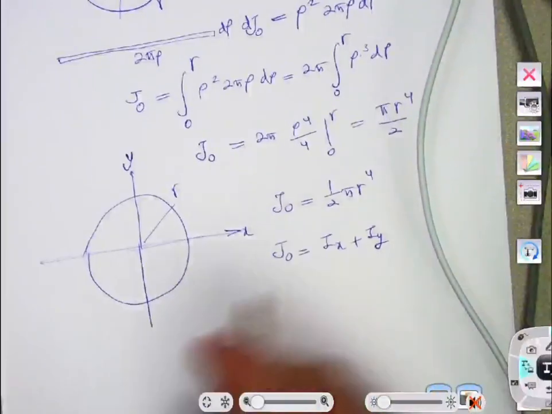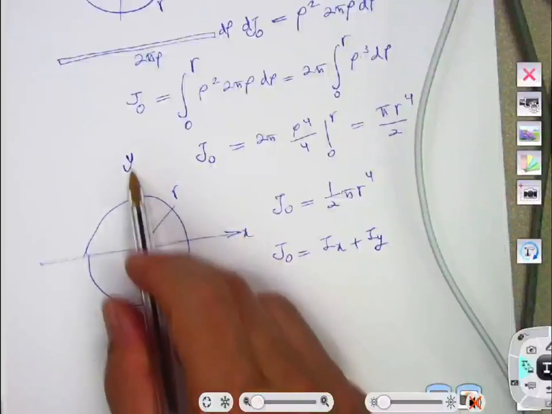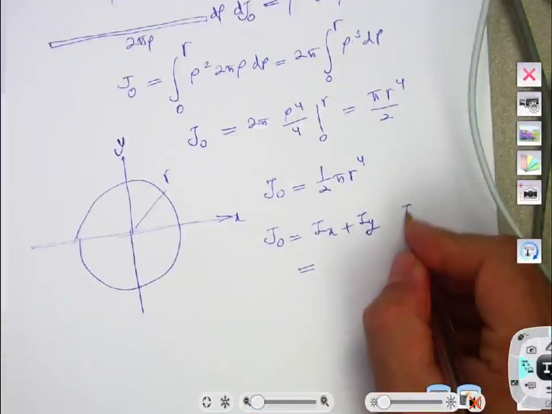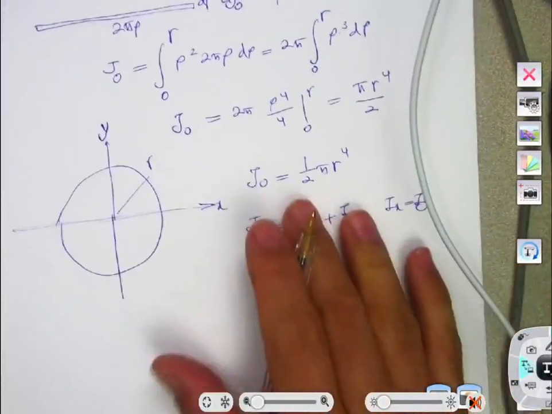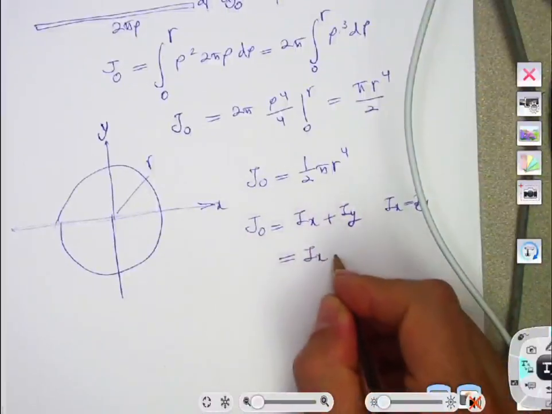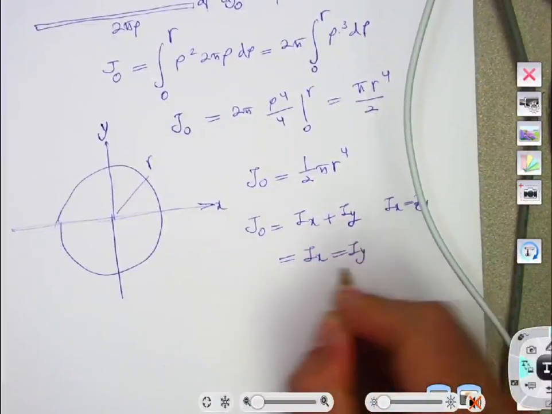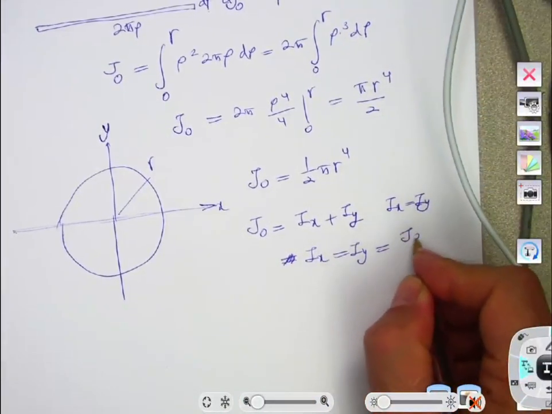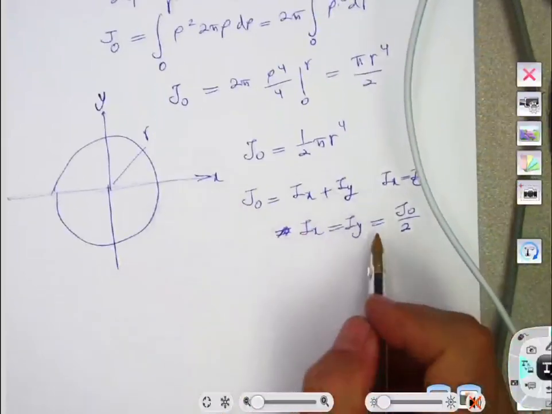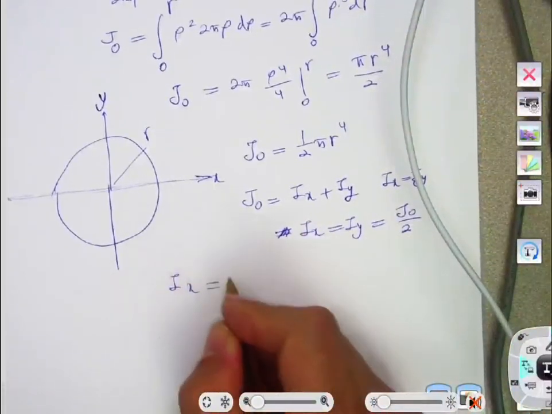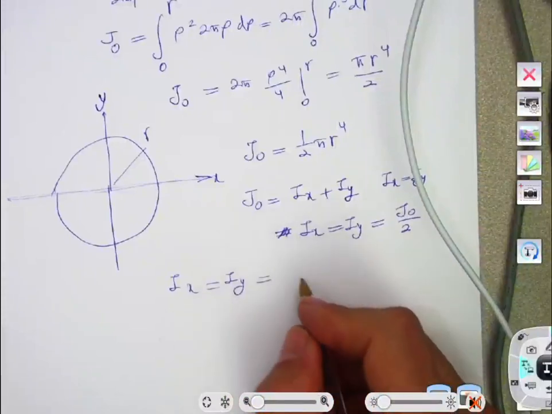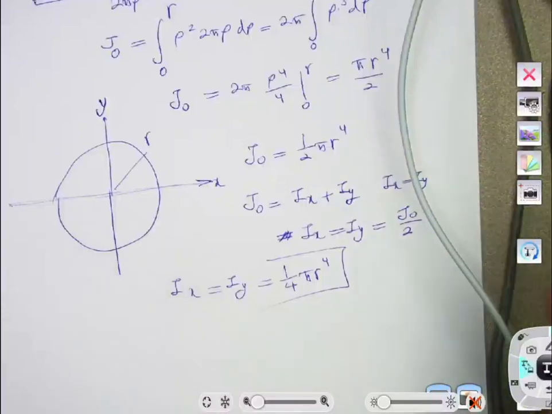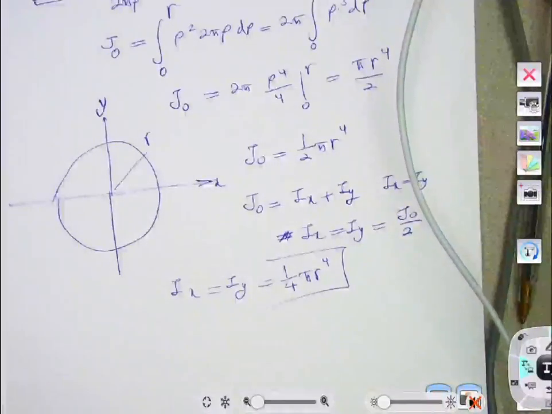So Ix and Iy are equal for a circle, and each is going to be half of the polar moment of inertia. So Ix and Iy for a circular cross section is 1/4 of pi R to the 4th.